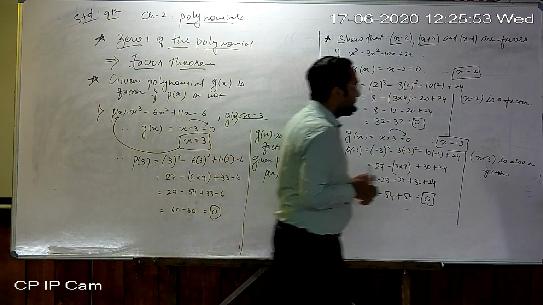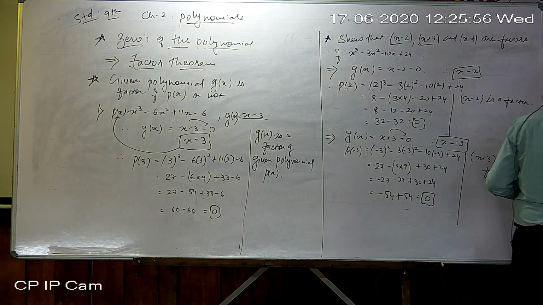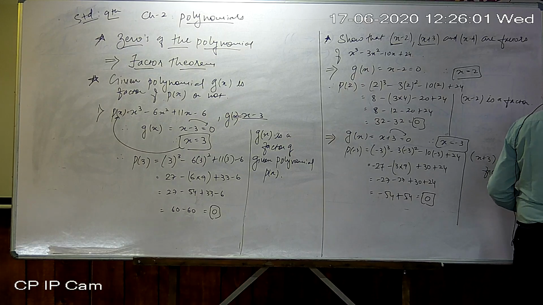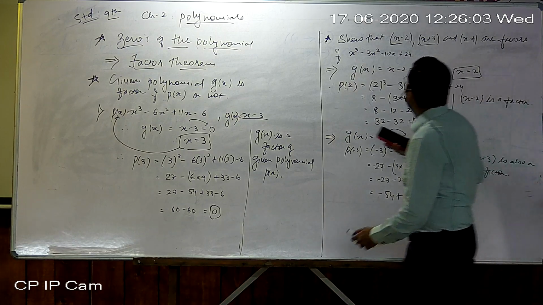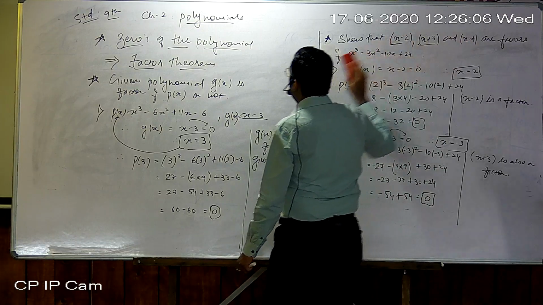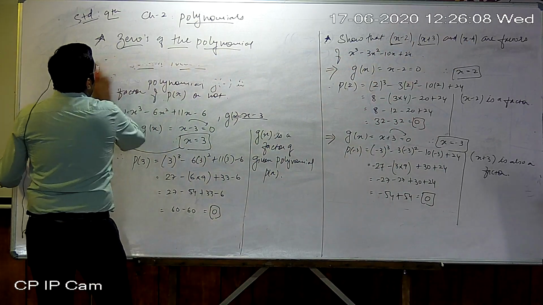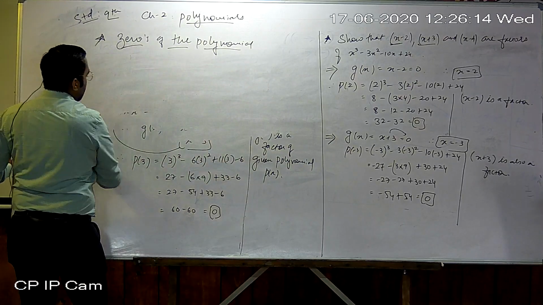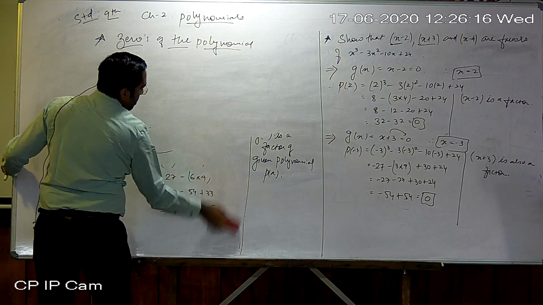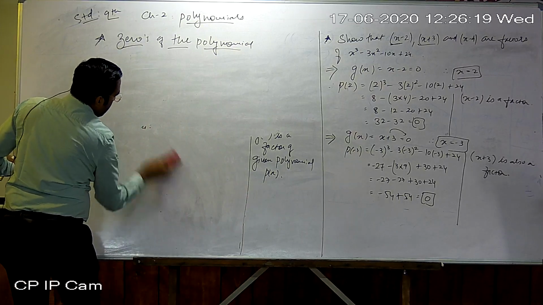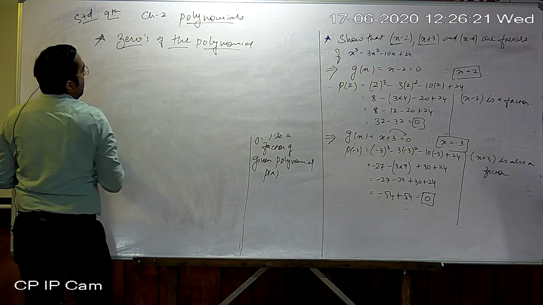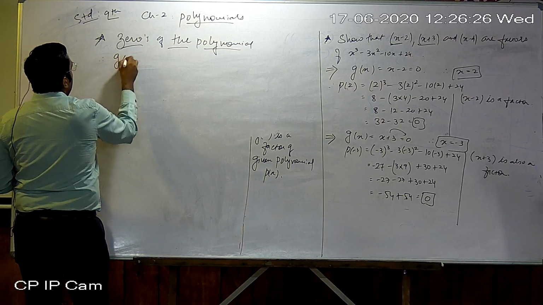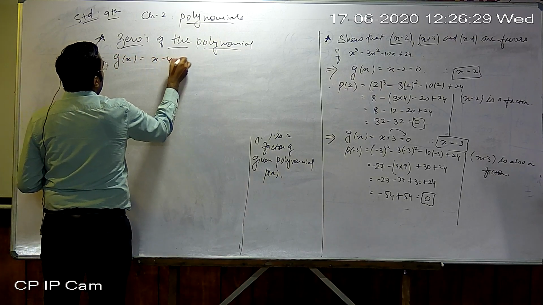Okay, clear? Now we will check x minus 4. So in x minus 4, my g of x is equal to x minus 4 equal to 0.